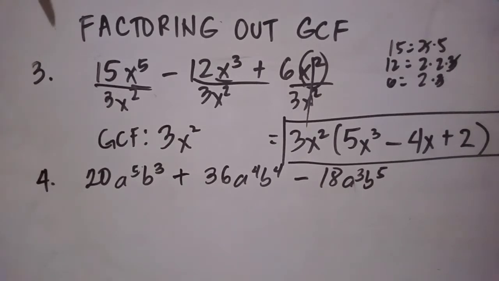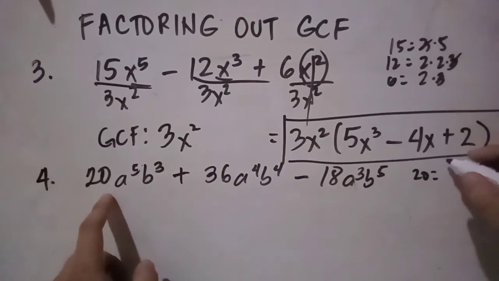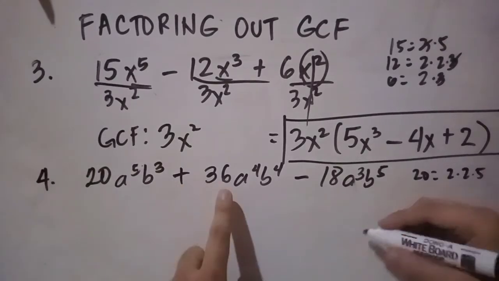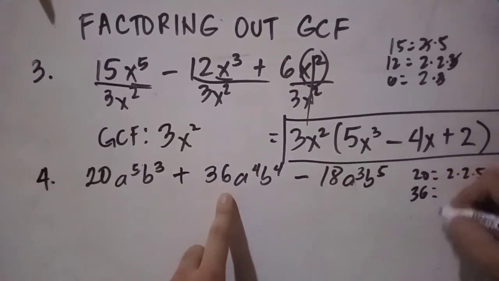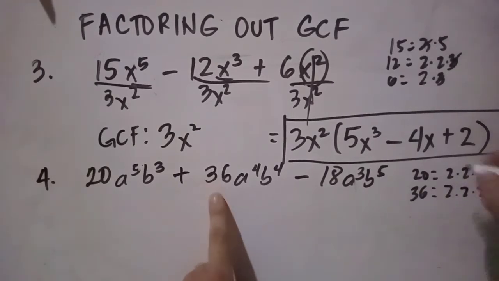Okay, so, kunin muna natin yung GCF. So, 20 is, ano siya? 2 times 2 times 5. Diba? 4 times 5 is 20. Tama. So, sa 36 naman, 4 times 9, so that is 2 times 2 times 3 times 3.